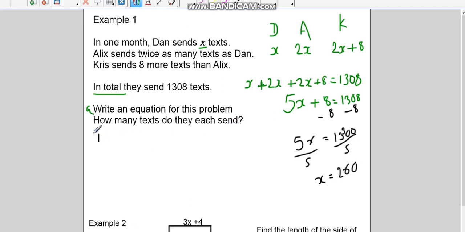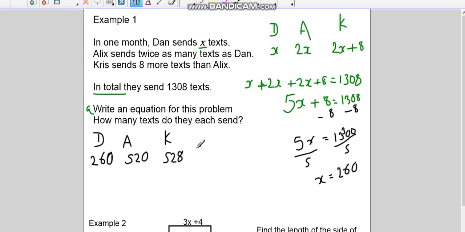So Dan sent x texts, so Dan sent 260. Alex, we know, sent twice that, so I need to double 260, and that's going to be 520. And then Chris sent 8 more than Alex, so that's going to be 520 plus 8, which is 528.